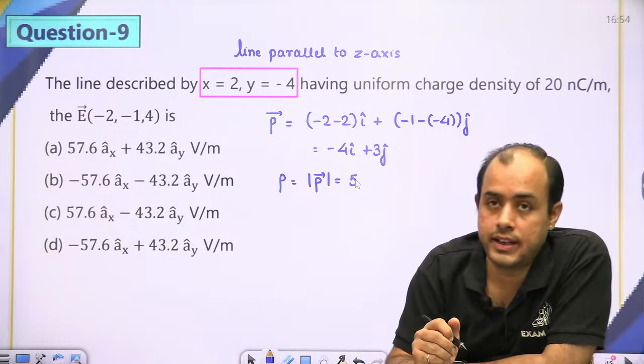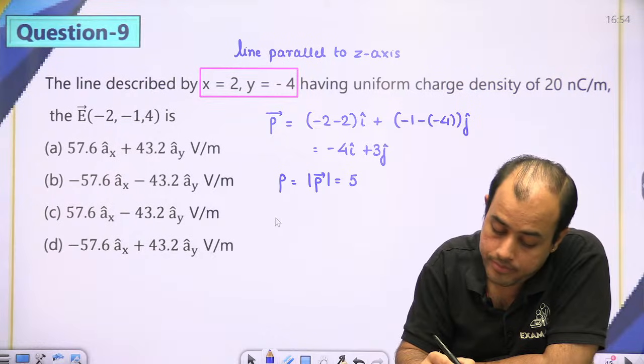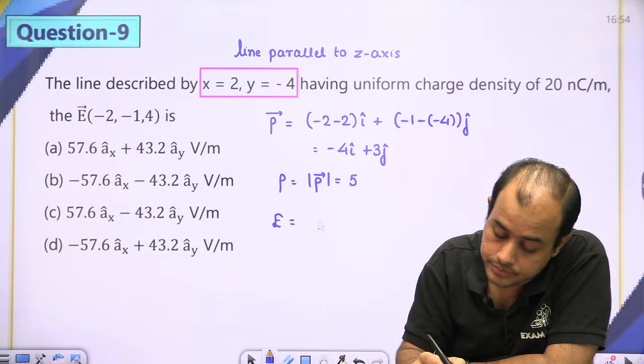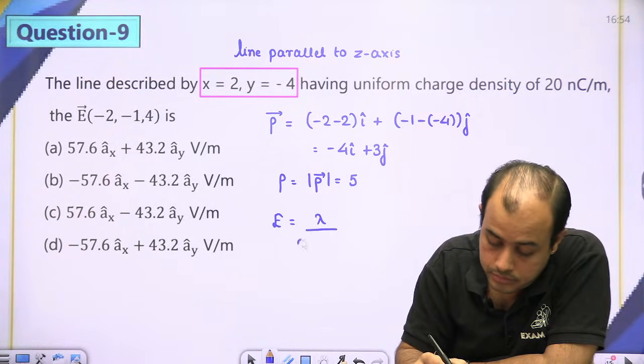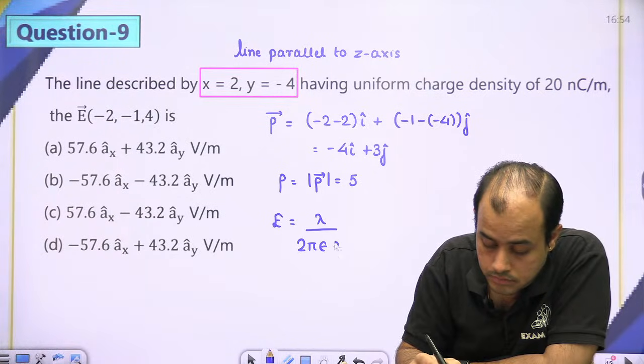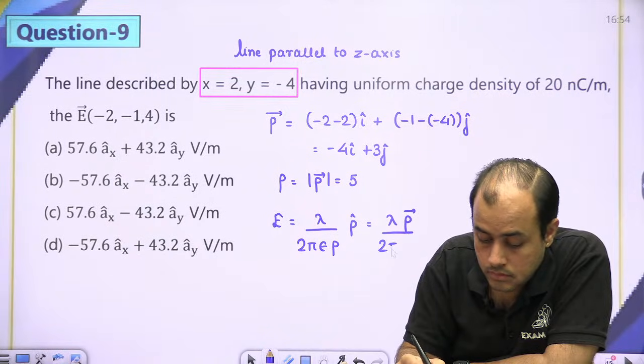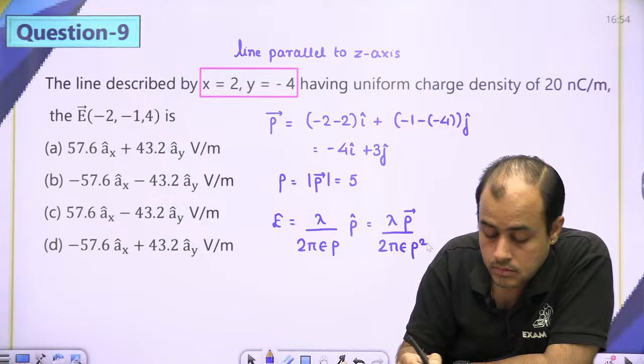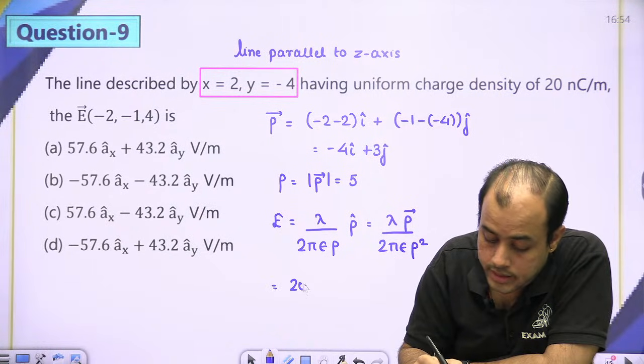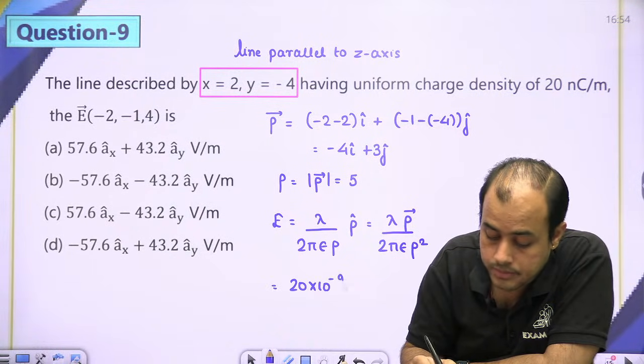Rho is 5. Okay. Now lambda is 20 into 10 to the power minus 9.